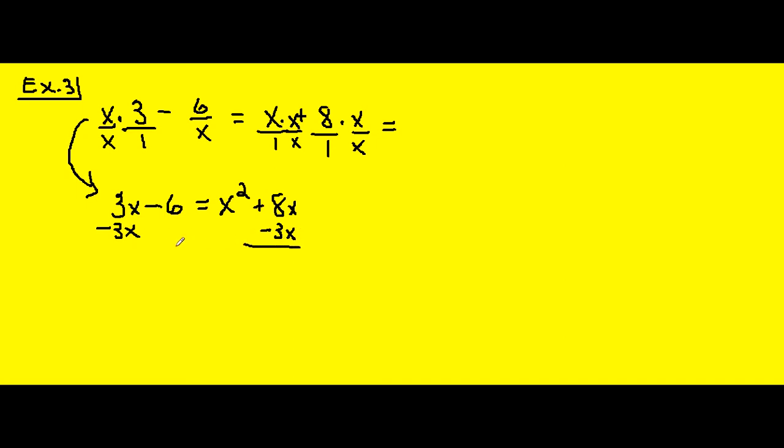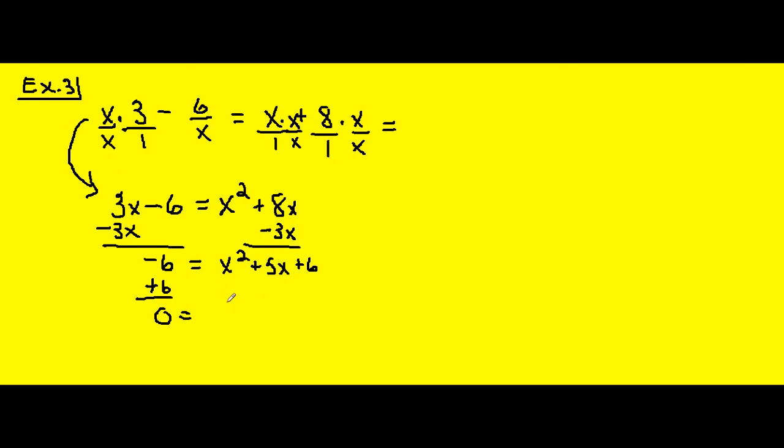And at this point, bring down the negative 6. That equals x squared plus 5x. And then finally I'm going to add 6 to both sides. Add 6. So here's my 0, that equals x squared plus 5x plus 6.